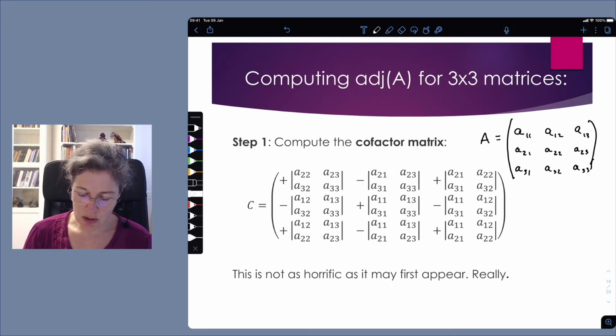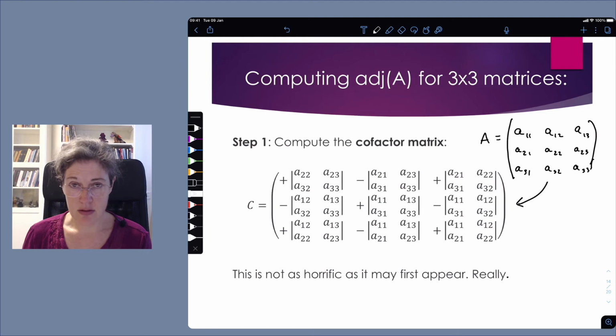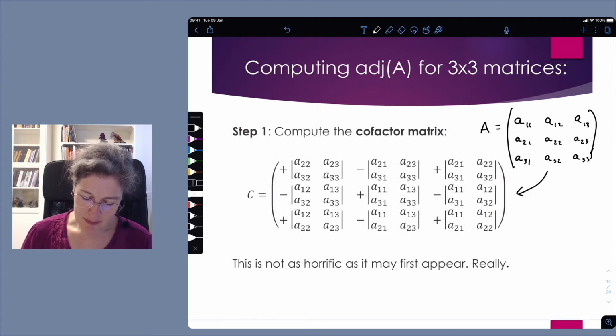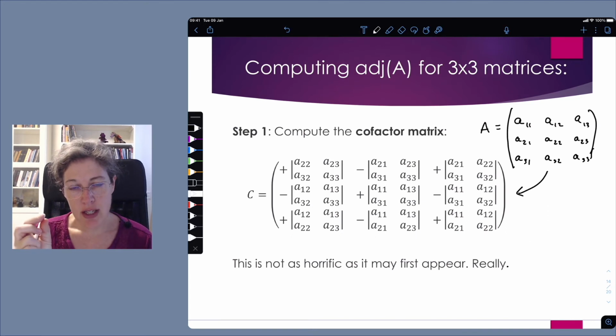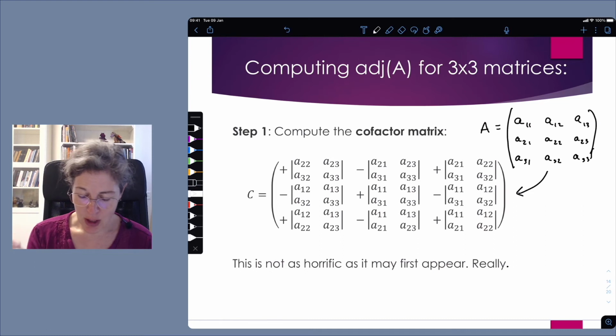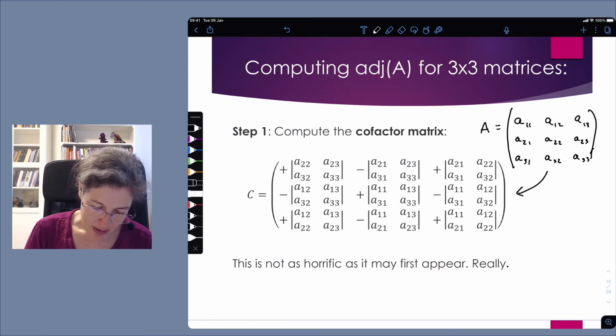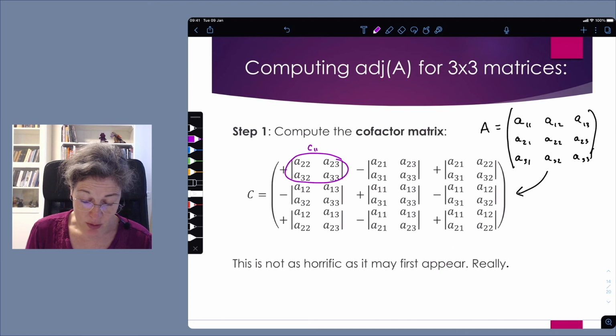And what we want to do is use it to compute this cofactor matrix. Now notice what's happening in our cofactor matrix. Each of our entries in the cofactor matrix is a 2 by 2 determinant. So where are the entries of that 2 by 2 coming from? Well, if you have a look here, this is really the C11 entry.